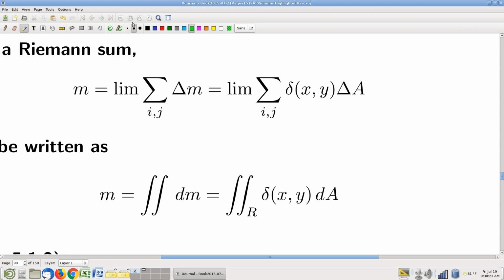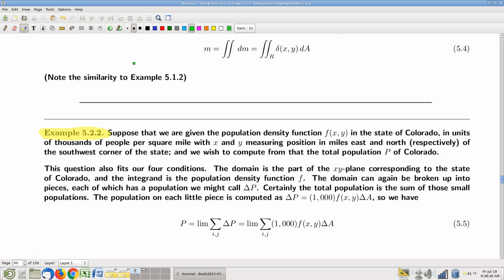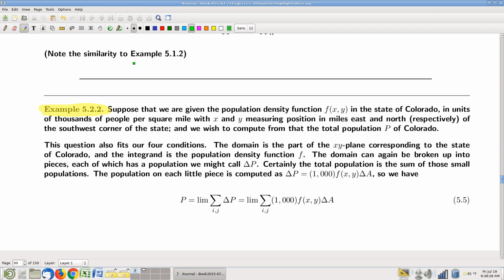All right, let's see another example. Let's suppose we want to compute the population of Colorado. I could have chosen Wyoming, but I wanted a rectangle. Not a lot of states are rectangles. So let's compute the population of Colorado given the population density function.